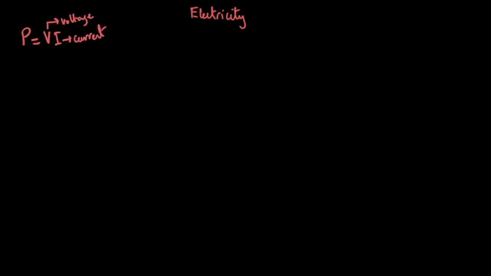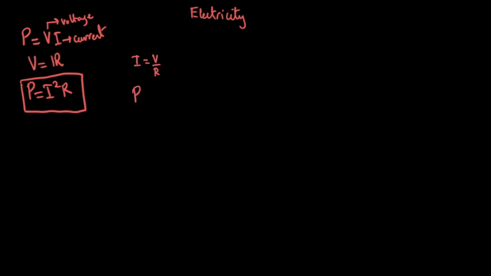Now, you also know that V is equal to IR, so P is I squared into R, and also you know that current is V over R, so we can also end up getting the relation P is equal to V square over R. Now, a very common question: you have two relationships over here, one which shows a direct relationship with R, another which shows an inverse relationship with R. Which relation is correct? The answer is that your power dissipated has to increase with resistance under all normal circumstances.